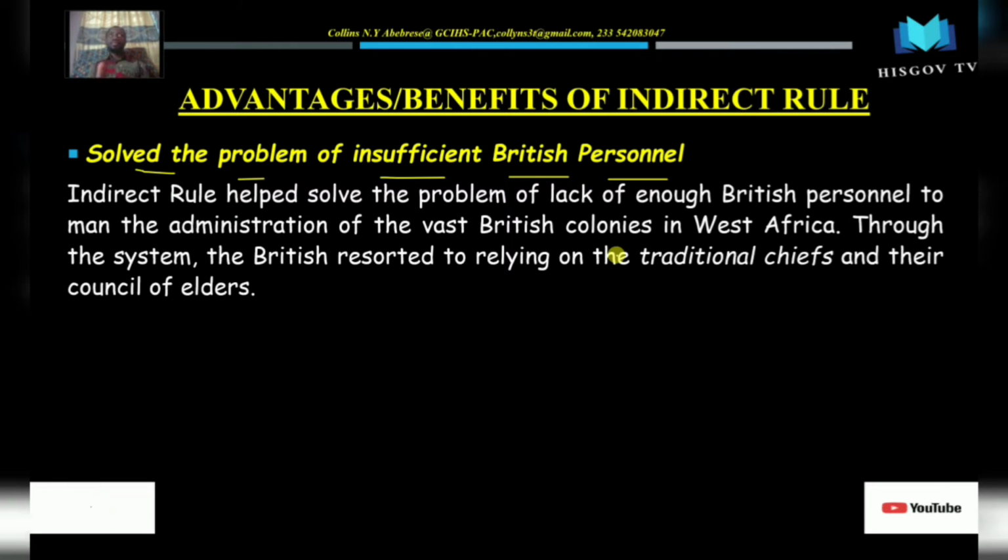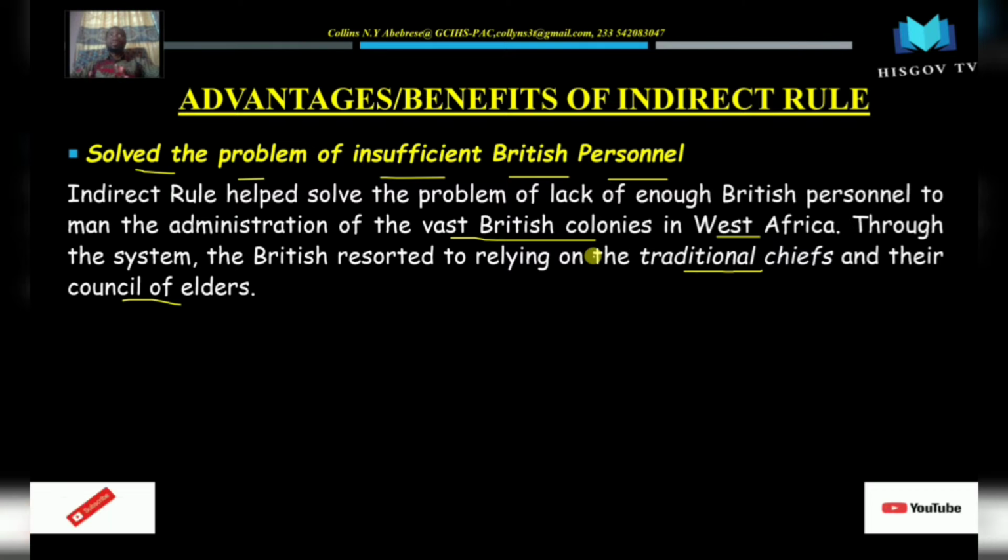However, with the adoption of the indirect rule system, the British were able to solve this problem of insufficient personnel, in the sense that they resorted to relying on traditional chiefs and their council of elders to rule the vast British colonies in West Africa. You also recall in our previous lesson the roles that the traditional leaders, the chiefs, played.